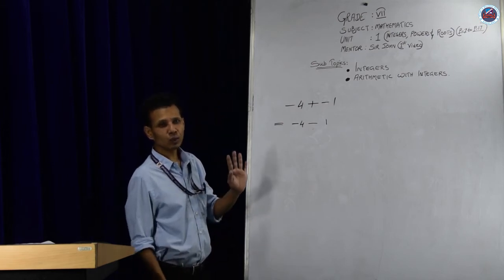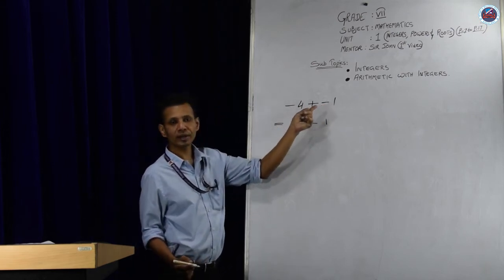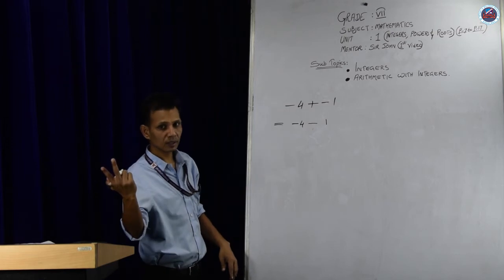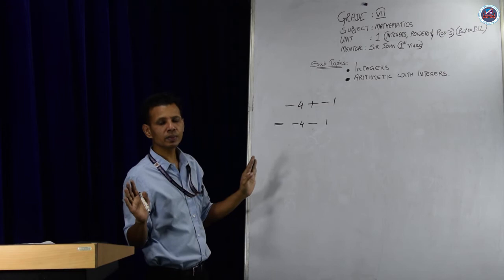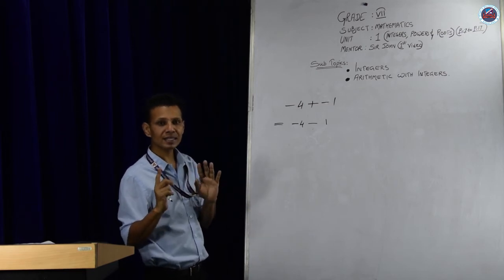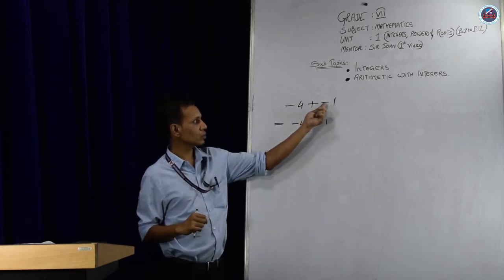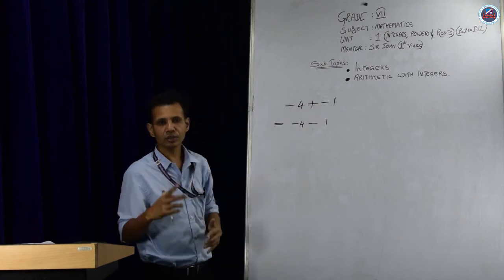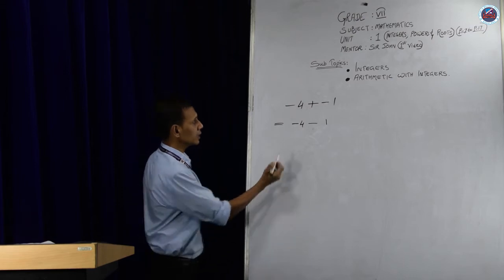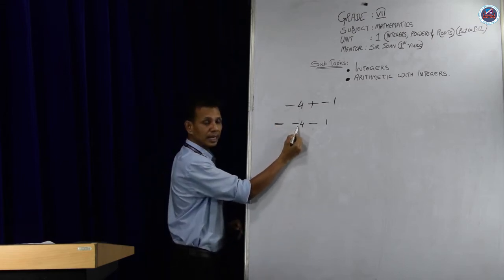Be careful while solving all these types of questions where there are more than two or three signs. Go step by step. Otherwise, many students make mistakes because of the sign. Some students bring minus down, some bring plus down. That confusion is there. So please understand this. Minus 4, write it down.